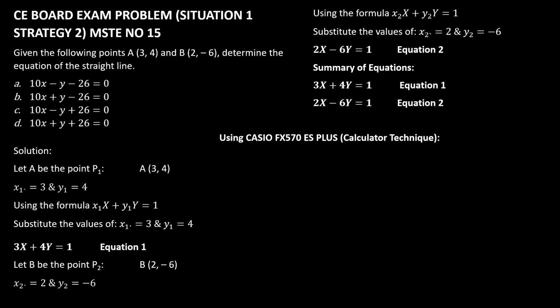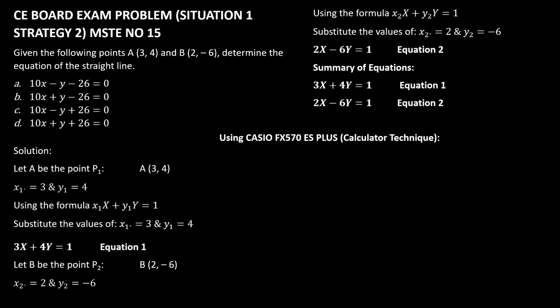Using the formula x sub 2 times capital X plus y sub 2 times capital Y equals 1, let us substitute these values. After the substitution, we have our equation 2 as 2X minus 6Y equals 1.